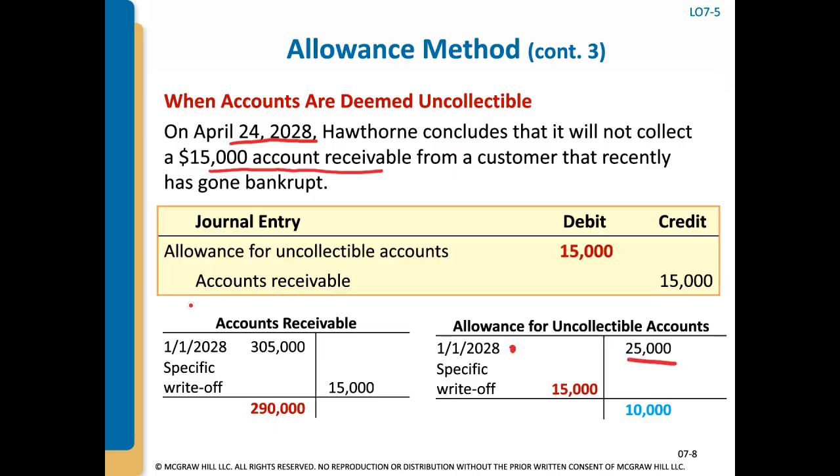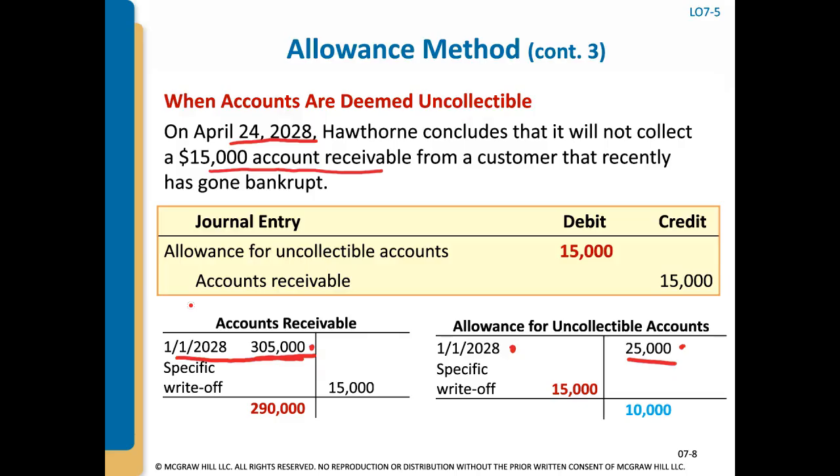So our starting point at 1/1/28 is a credit balance in this account for $25,000. And our accounts receivable is at the gross amount. It's booked at 305, and then we have the allowance of 25,000. They're booked in two separate accounts. So our accounts receivable still shows $305,000 on a gross basis.